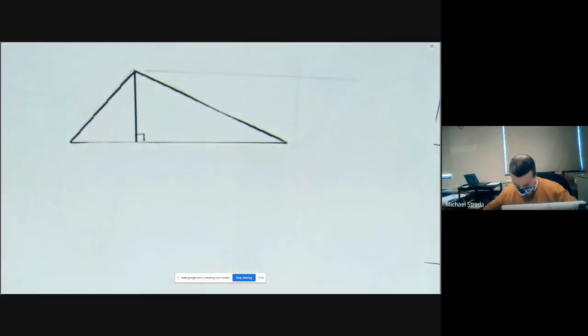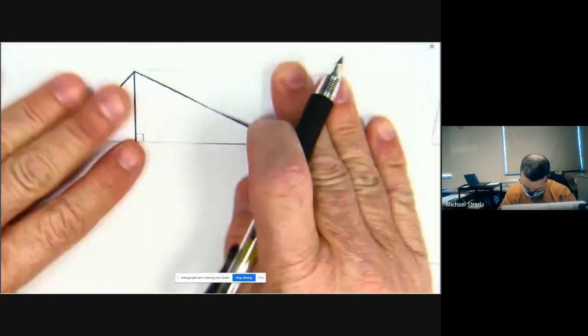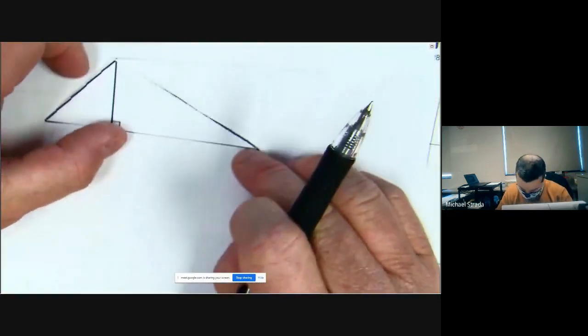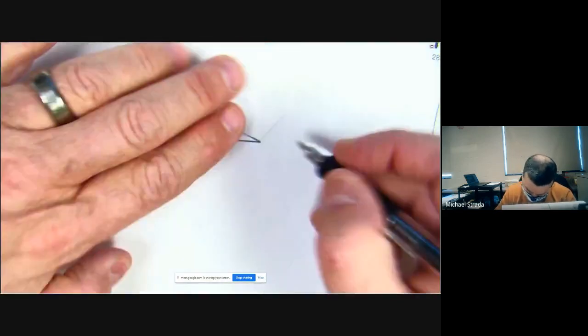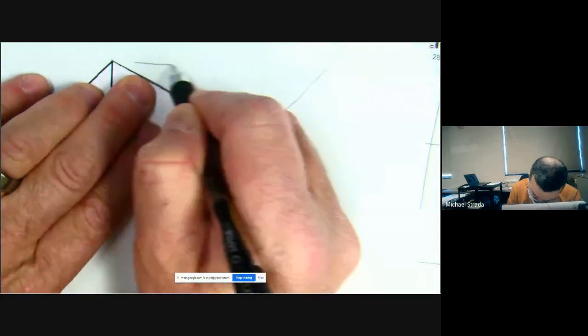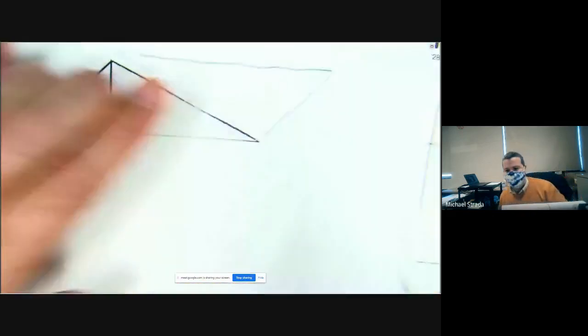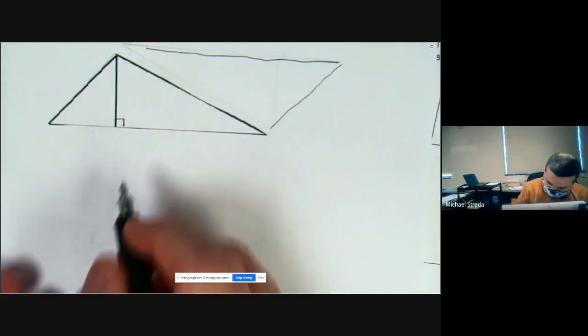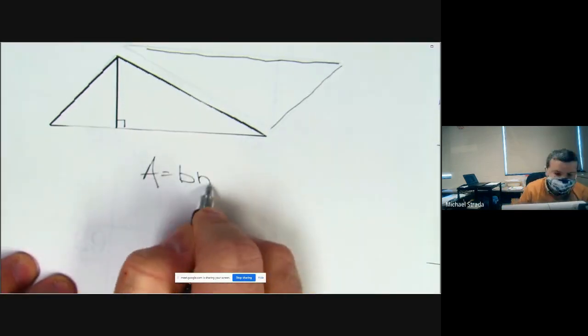Let's outline it to make it easier for everybody. What shape do I have? Rhymes with parallelogram. Parallelogram. What's the area of a parallelogram? Base times height.